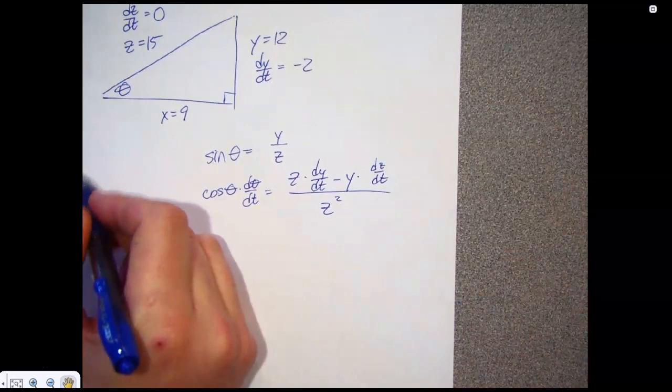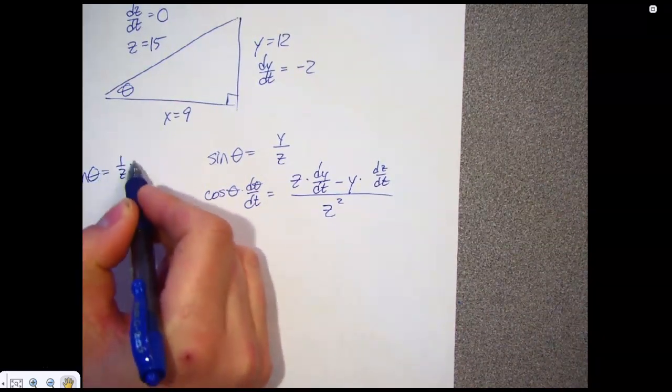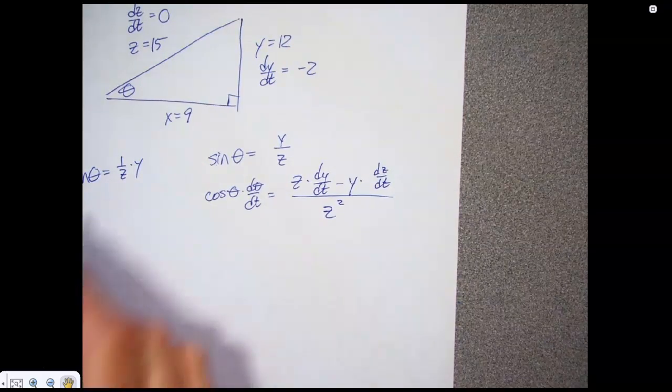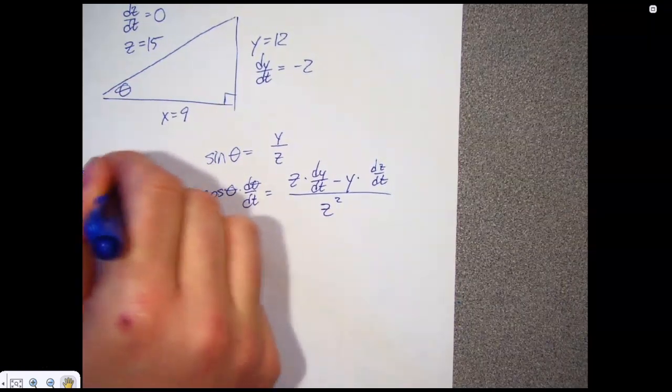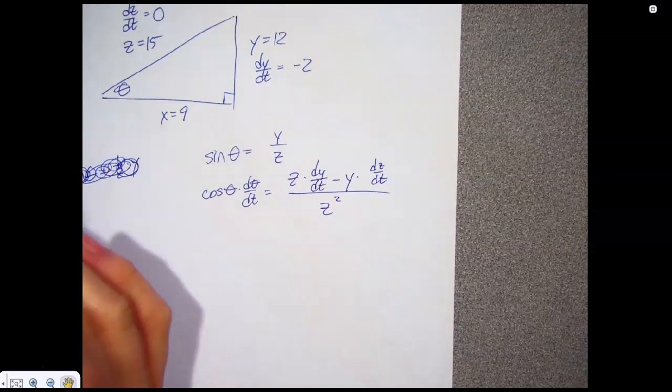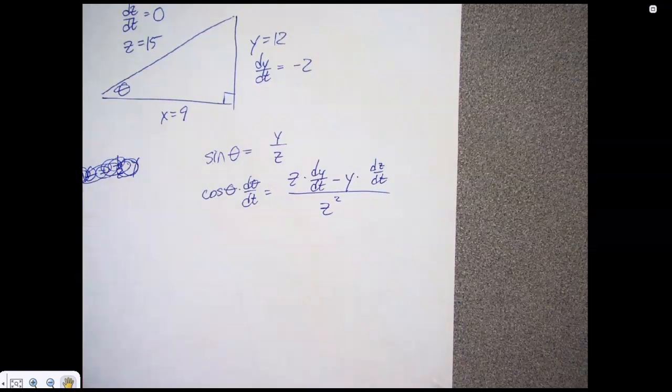I could go over here and say sine of theta equals 1 over z times y. But I feel like that's more confusing in the general case than going through the quotient rule. You're welcome to do it that way if you understand what I was just saying, but most people probably don't. Is that fair enough, Josh?